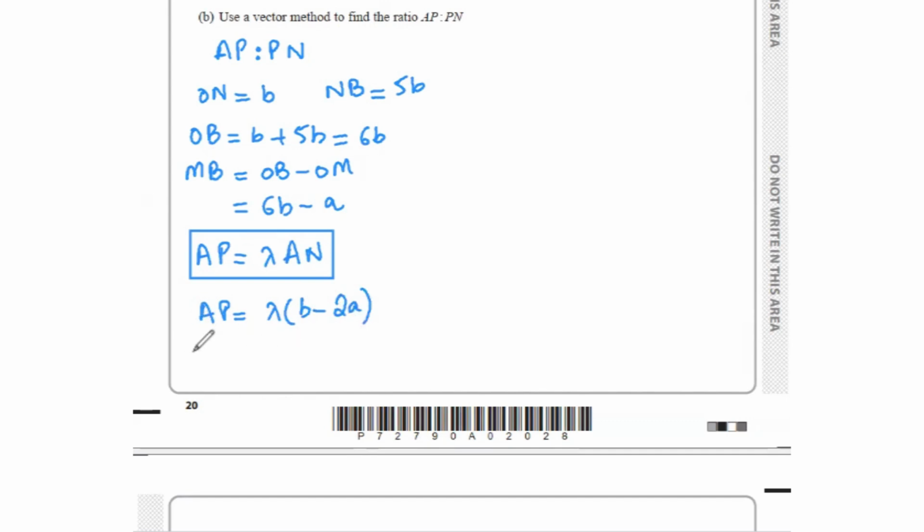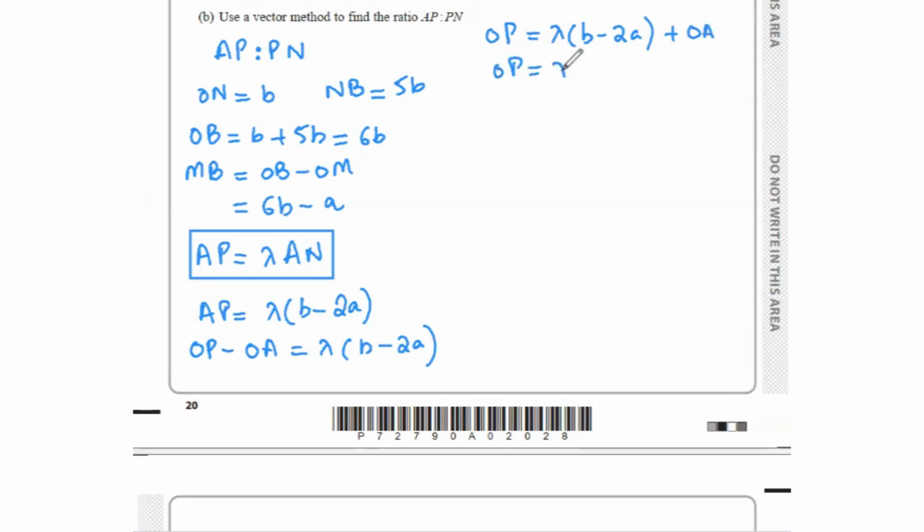We can split AP into OP minus OA, which equals lambda times B minus 2A. So OP is going to be lambda times B minus 2A plus OA. OA is given as 2A.